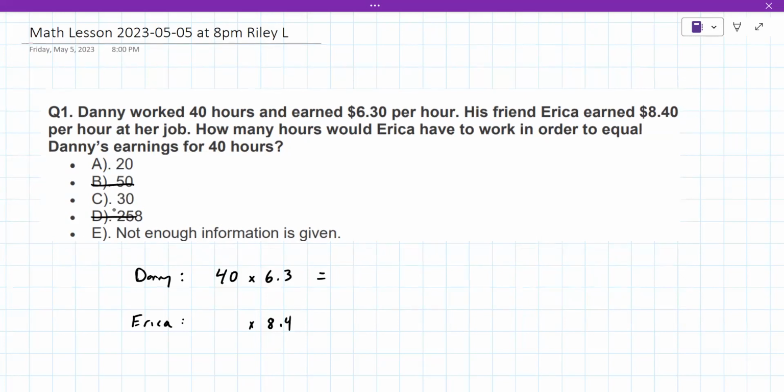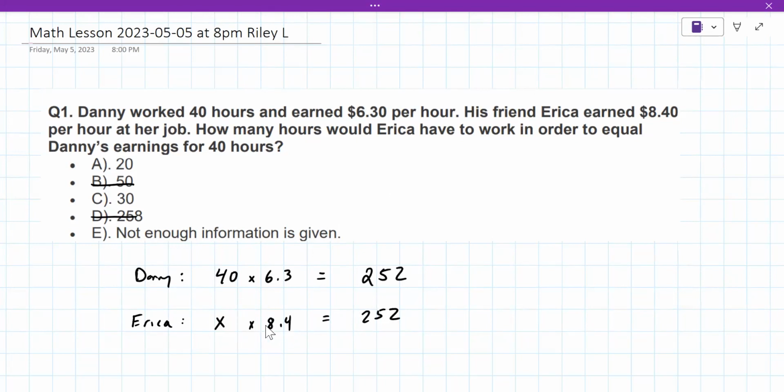Do you have a calculator handy to multiply out some numbers for us? Could you tell me 40 times $6.30, what that ends up being? 252. And then we want this total on the bottom to be 252. We do know the rate, we don't know the hours.